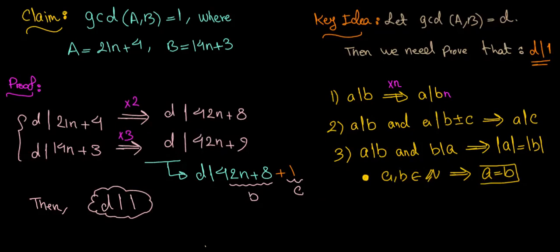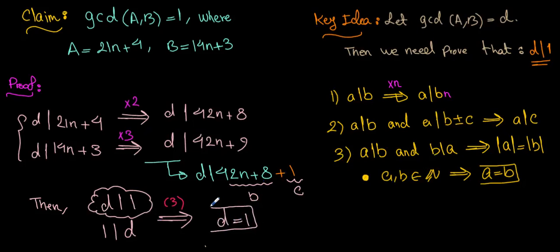Also, we know that 1 divides any integer number. So, based on this and property 3, we can conclude that d is equal to 1. Okay, we proved this.